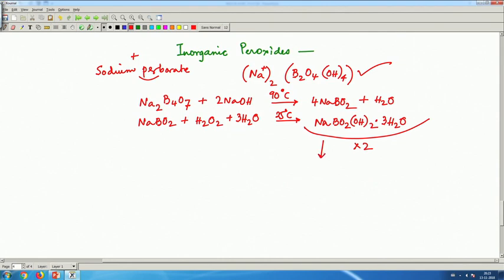Then we go for cooling to 15 degrees centigrade, and that cooling is responsible for precipitation, and that precipitate can be filtered off. So, we get the mother liquor back, which can be recycled.